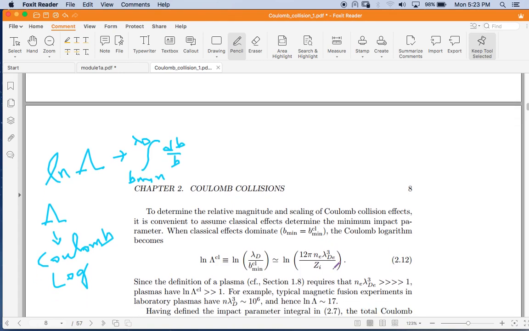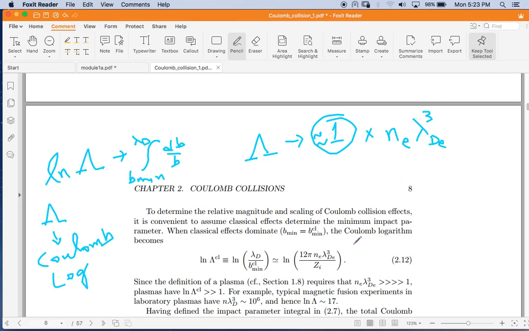This is where the whole Coulomb logarithm comes from: lambda is essentially some order of unity factor, 12 pi over Z_i, something like order of 10, times this all-important dimensionless number, n lambda_D cubed, the number density of particles times the volume of a Debye sphere, the total number of particles inside the Debye sphere.